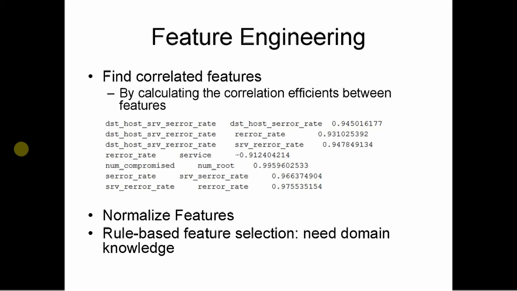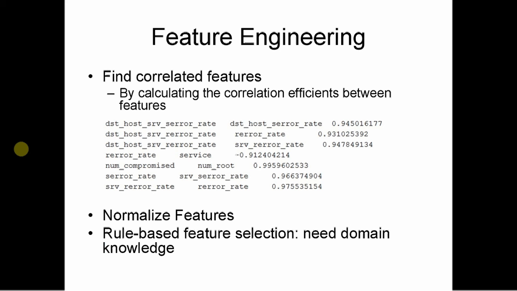As you can see, for example, the non-compromised feature and the non-root feature have a correlation coefficient very close to 1. That means these two features are very highly correlated, and the change of one feature can represent the change of the other one, which means we don't need both of them. We can just select one of them to represent the feature. In this way, we reduce some more features in the dataset.